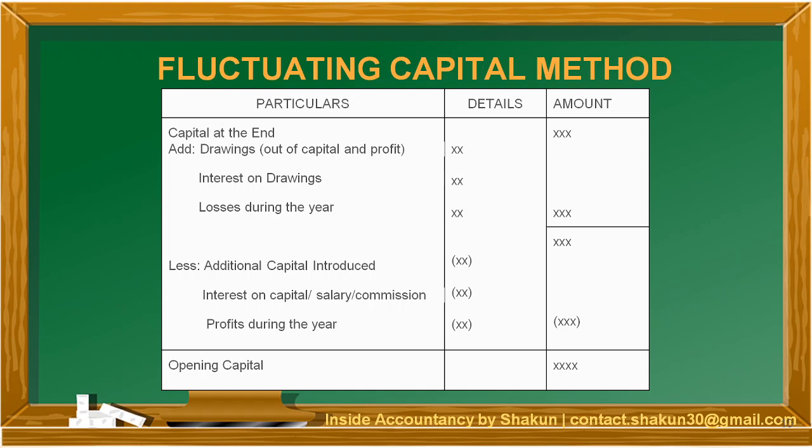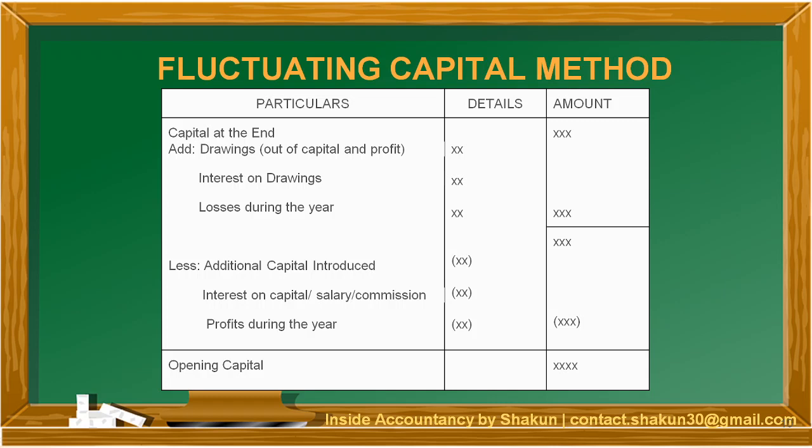In the fluctuating capital method, if you remember, all the transactions were mentioned in one account, that is the partner's capital account. Therefore, while calculating opening capital, all the transactions which you had shown in the capital account will be added or subtracted here.